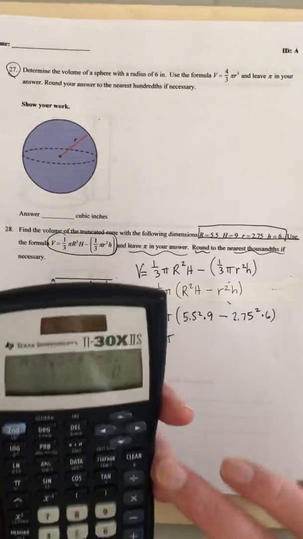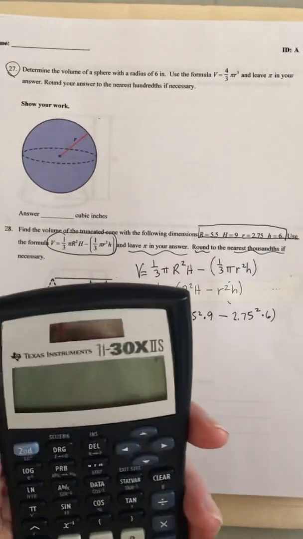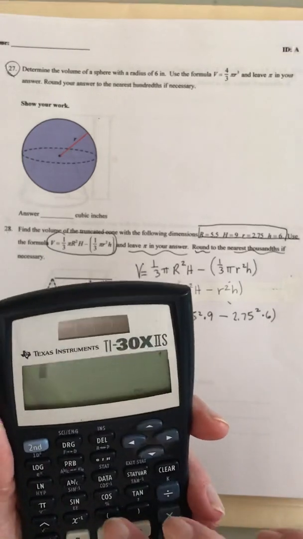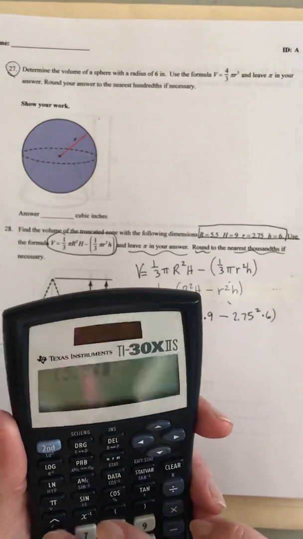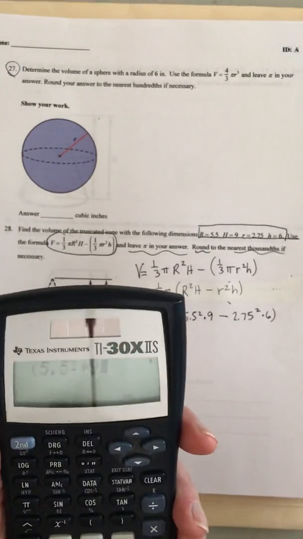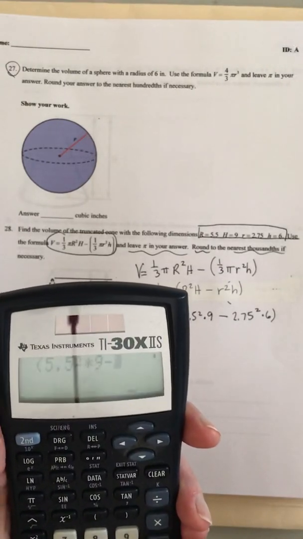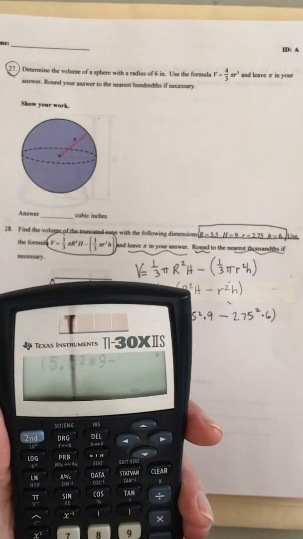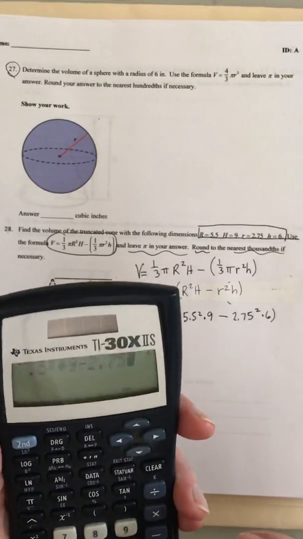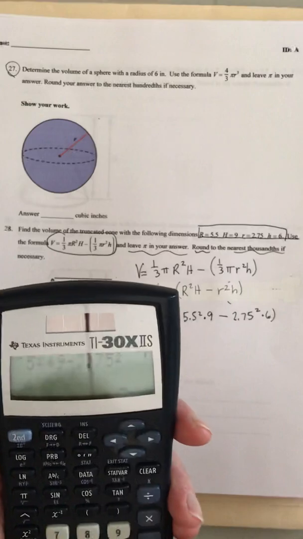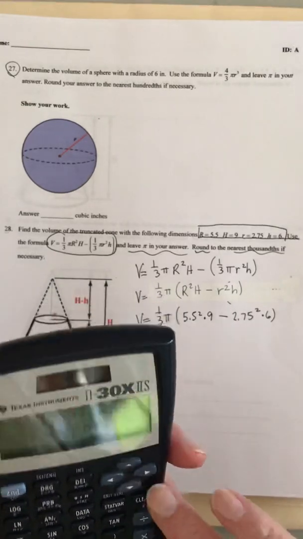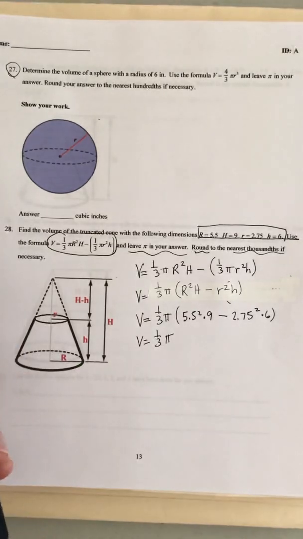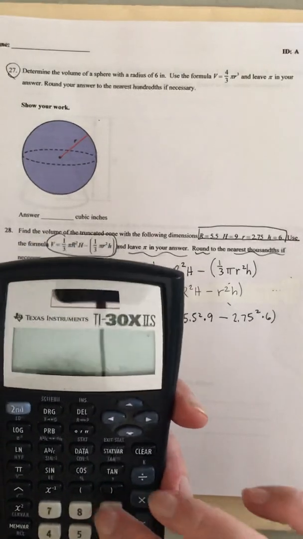Okay, something happened. I did not have something in there correct. Okay, 5.5 squared times 9 minus 2.75 squared times 6. All right. Calculator is acting wonky.